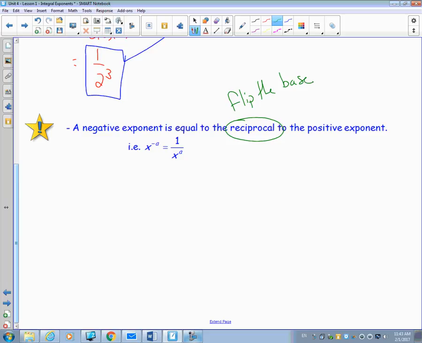So if I have a base of x, in brackets, to the negative a, I can flip that base over, think of it as being x over 1, that gets me 1 over x, and make my exponent positive. And when I apply that exponent to the top and the bottom, like we're supposed to do, I get 1 to the a over x to the a.